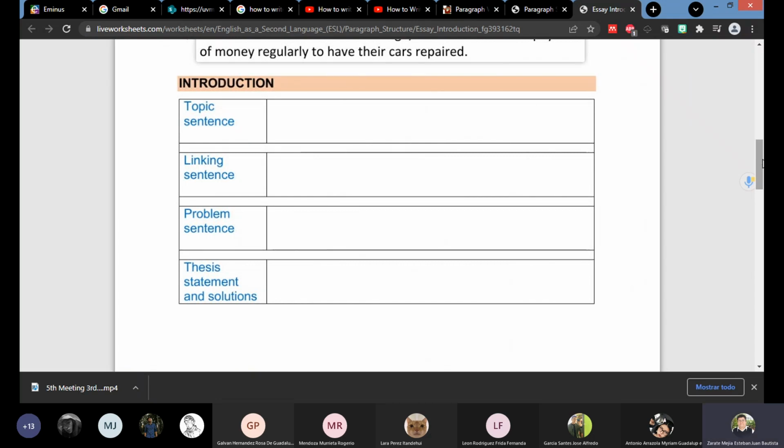What is a thesis statement? Basically, what I, as a writer, establish as a belief. And through that belief, I'm going to develop the next paragraphs. That is a thesis statement, my belief.